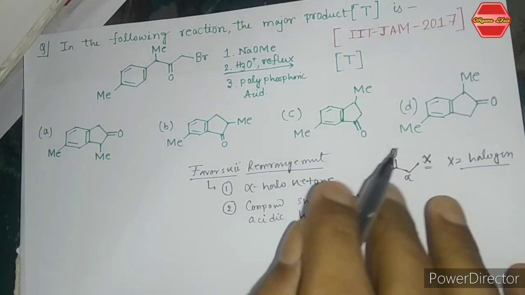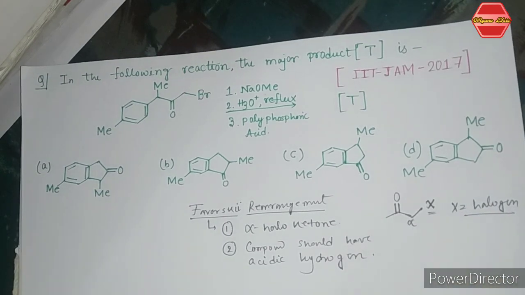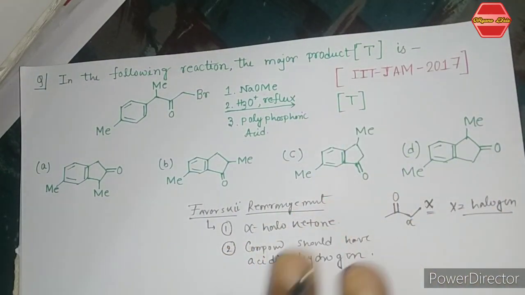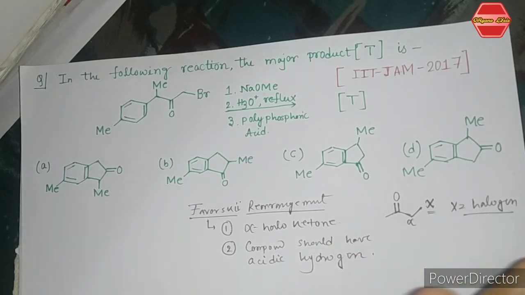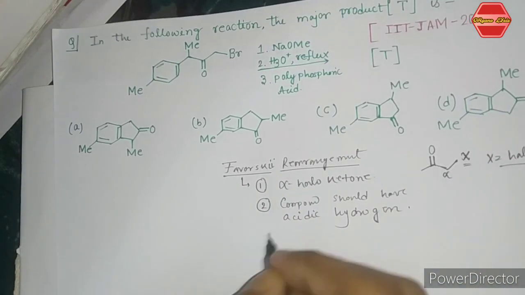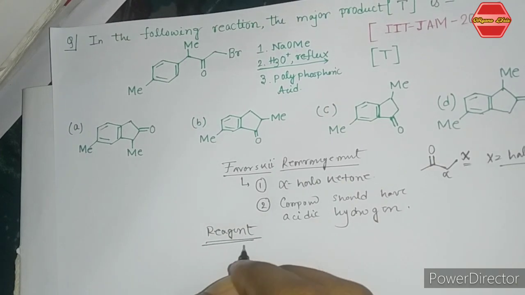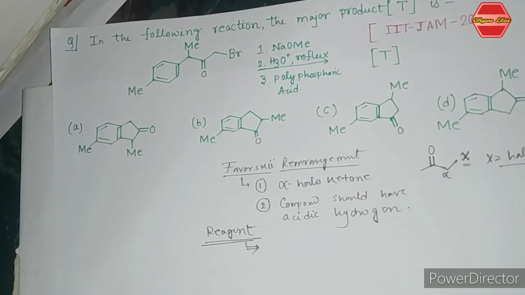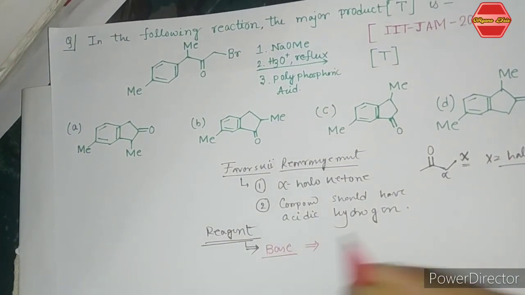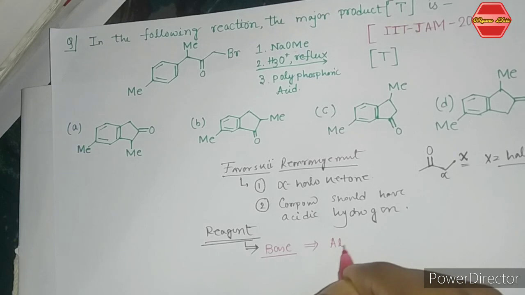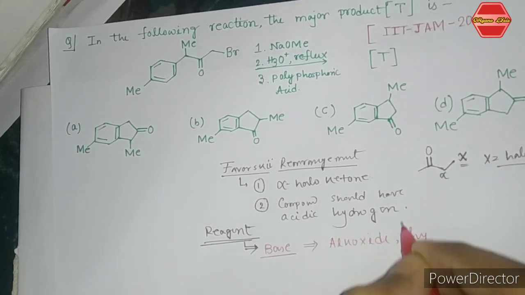And the reagent that is given in the Favorskii rearrangement is a base, like an alkoxide or hydroxide.